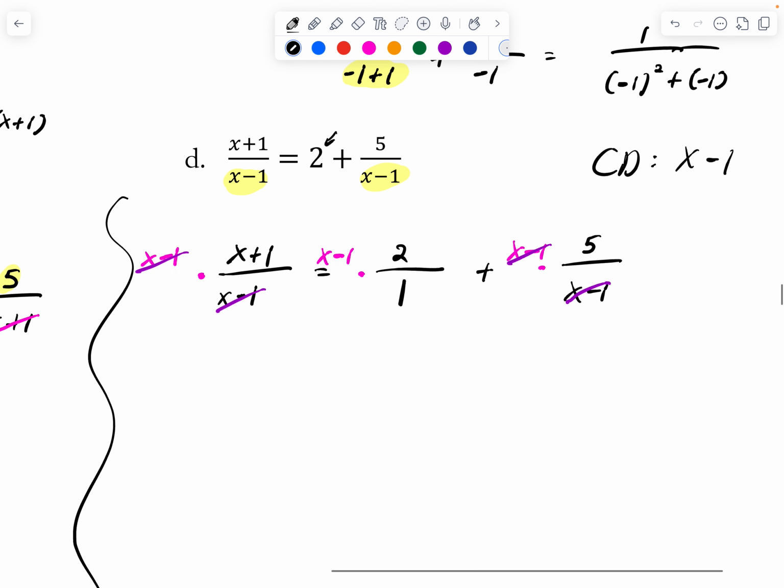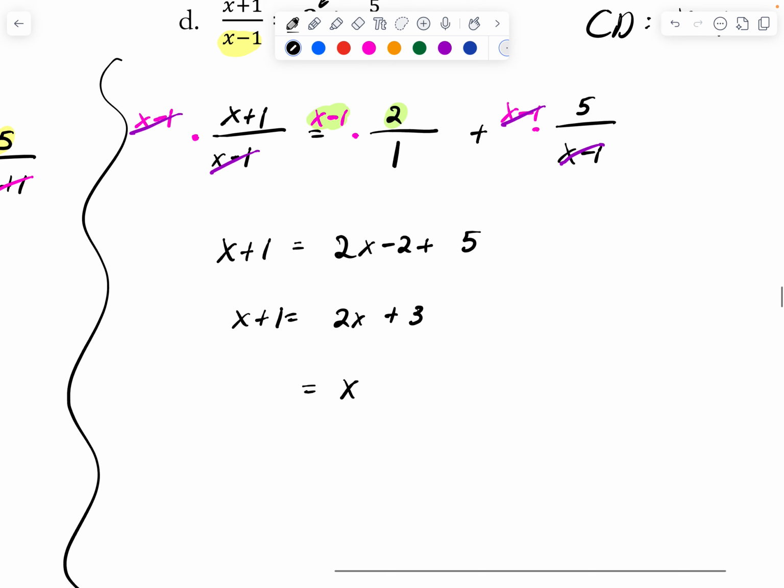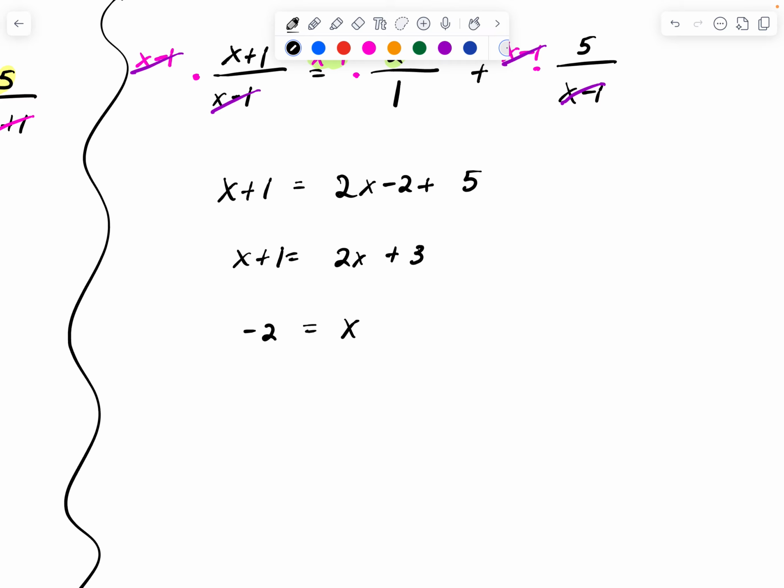So I'll have x plus 1 equals, remember I need to multiply the 2 times the x minus 1 to be 2x minus 2 plus 5. So that's going to be, I'll combine like terms over here, 2x plus 3. So x equals negative 2.